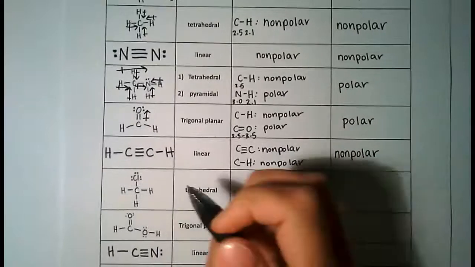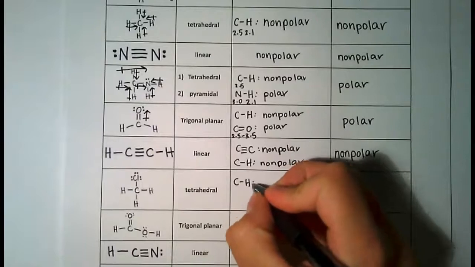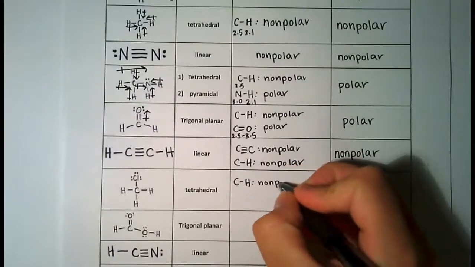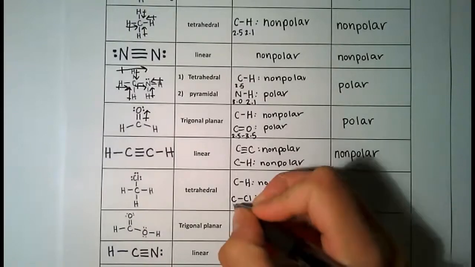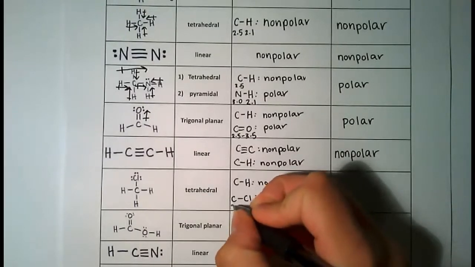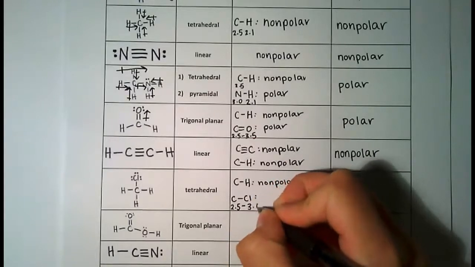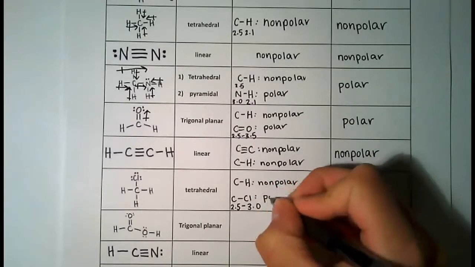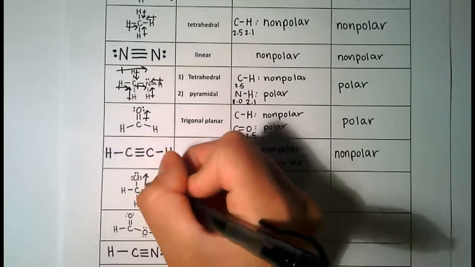Then we have CH3Cl, carbon-hydrogen bonds. Those are nonpolar. And then our carbon-chlorine bond, looking at that, carbon is an electronegativity of 2.5 and chlorine is 3.0, which makes this a polar bond, with the electrons being drawn up towards the chlorine.